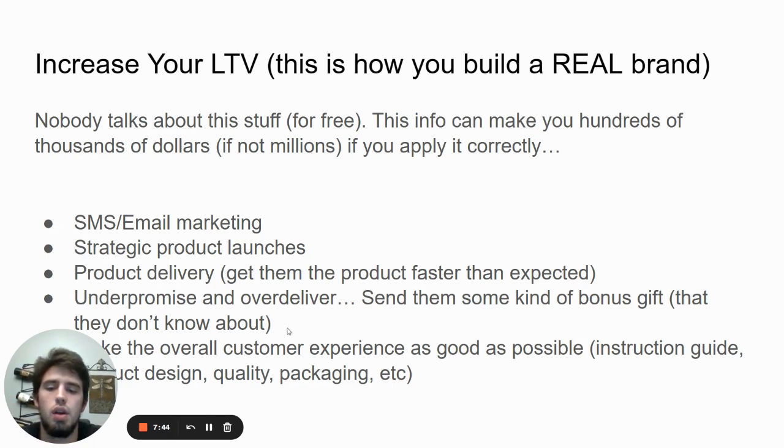Product delivery. Basically, if you're trying to get them the product and you want them to actually come back and buy again, ideally you want them to, one, get the product that they ordered, but also get it faster than they expect to get it. A lot of the drop shipping guys basically lie about their shipping times, and they'll say you can get it in 5 days because they think it helps with conversions.